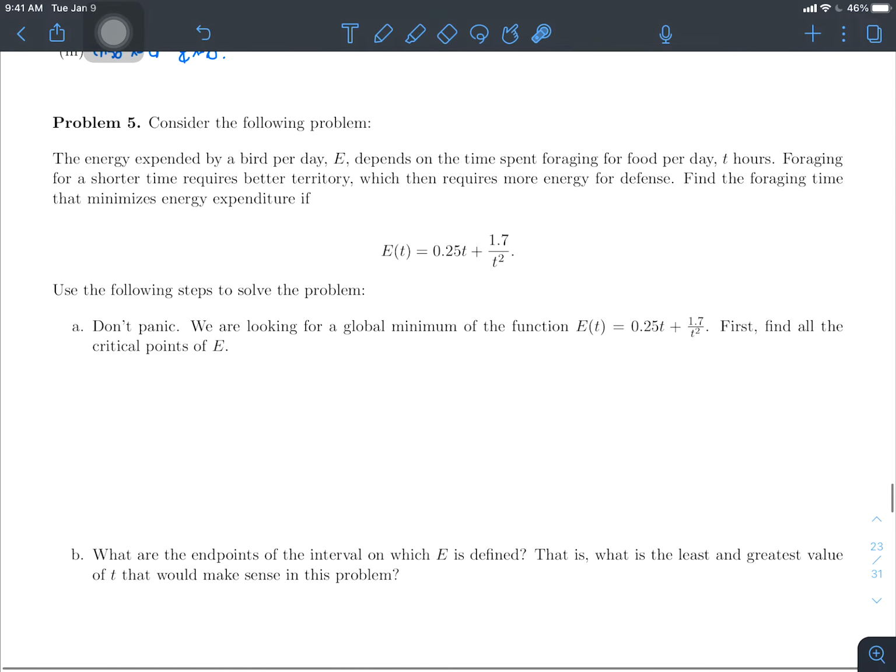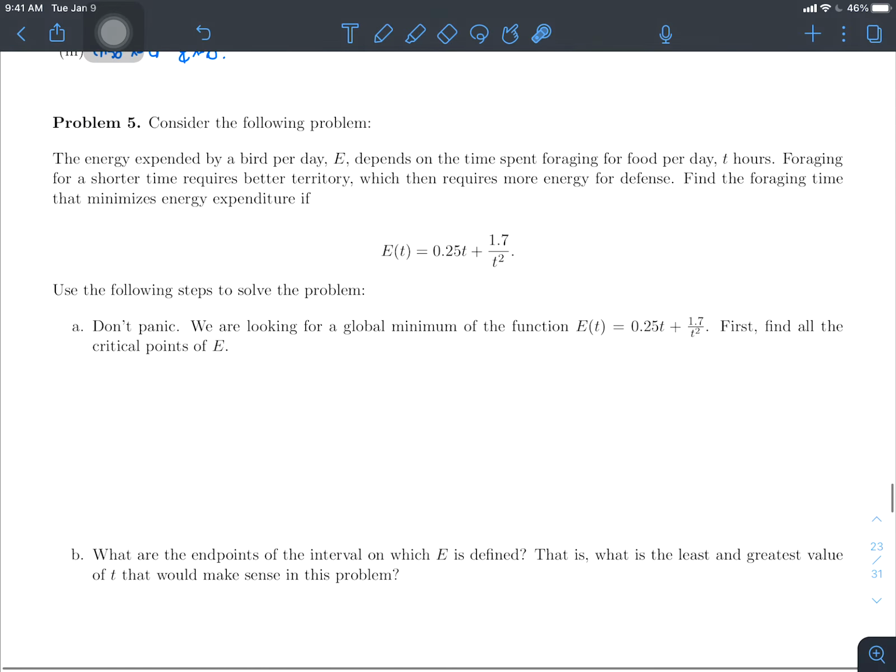And that depends on how long the bird spends on that day foraging for food. So we plug in an amount of time in a day that the bird spent searching for food, and the output of the function is the amount of energy that it used.